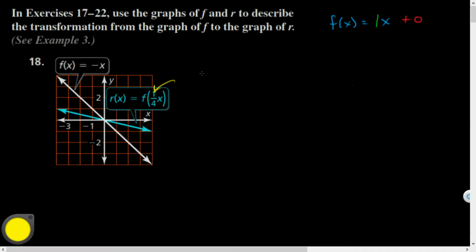And because this was a 1/4 on the inside, that means it's a horizontal, all right? And is this a stretch or a smoosh? Yeah, horizontally, this is actually being stretched. Yeah, it's a horizontal stretch by a factor of 4.